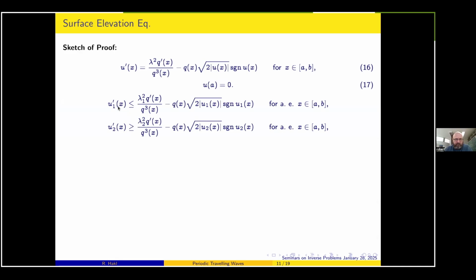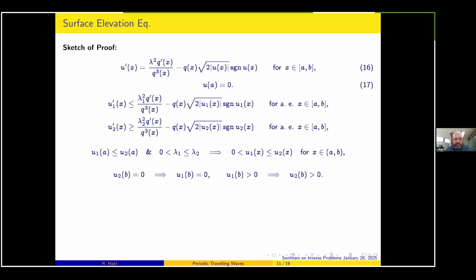So if functions u sub 1 and u sub 2 satisfy these differential inequalities, so u sub 1 prime is less or equal to something, and u sub 2 prime is greater, with different parameters lambda 1 and lambda 2, then if u sub 1 at the point A is less than u sub 2 at the point A, and the parameter lambda 1 is less than parameter lambda 2, then u sub 1 is less than u sub 2 on the whole interval.